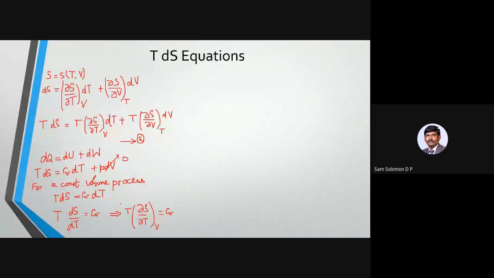What is the advantage of having this? This particular term, T times partial S partial T at constant V, is there in equation A. So I can replace this entire term with Cv.